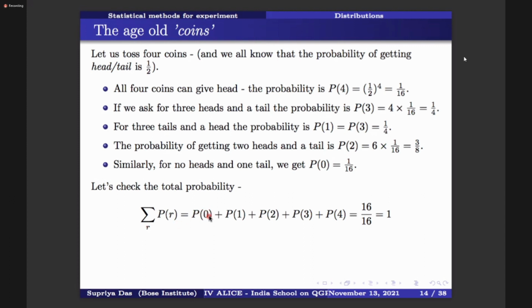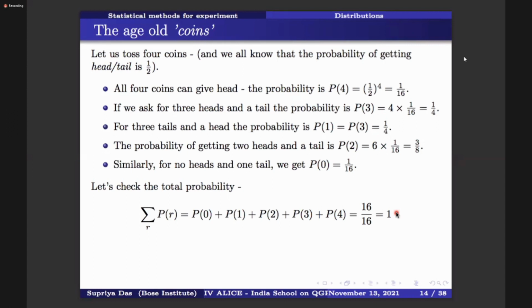So you just add P0, P1, P2, P3, and P4, all 5 combinations, and you get 1.